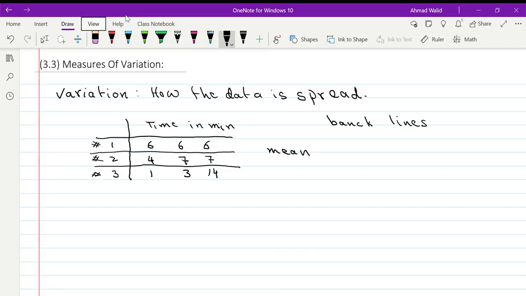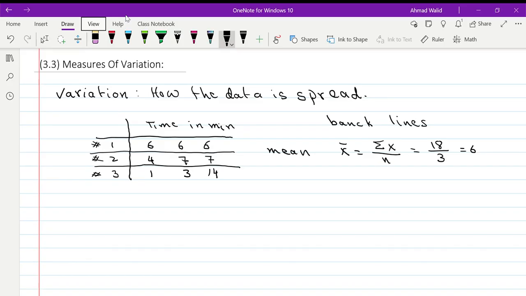bank 1, bank 2, bank 3, for example, we know that x bar equals the sum of the x's over n, right? Sum of the x's, 6 plus 6 plus 6 for bank 1 gives you 18. Over 3, the number of data that we have, gives you 6. It means the average time that you are waiting in bank 1 will be 6 minutes for each one.